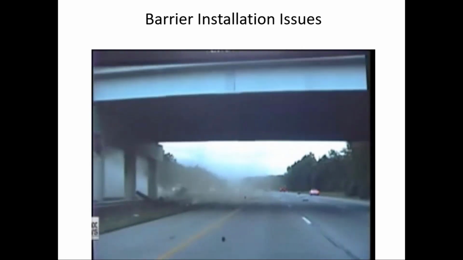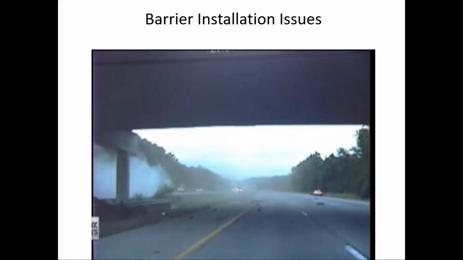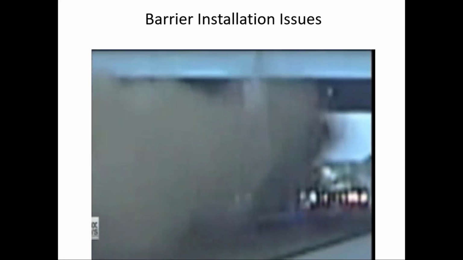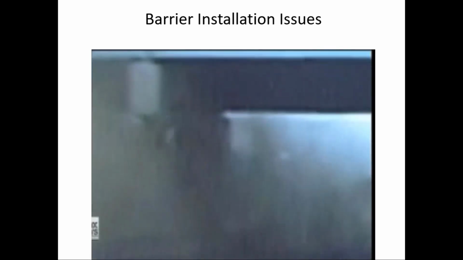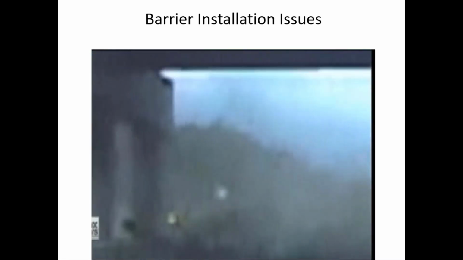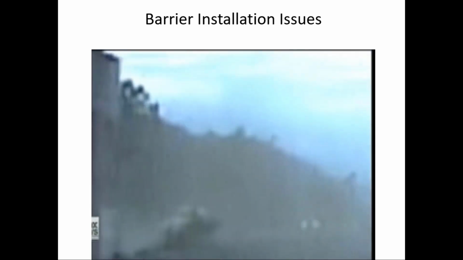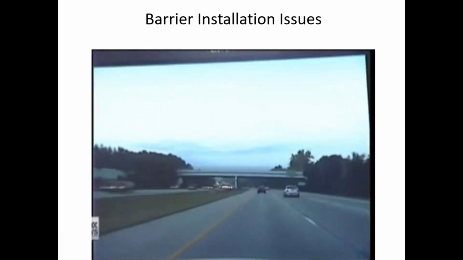Notice that arrangement where the rail came together created that V shape, literally launched the vehicle right into the bridge pier. So a very tragic situation there. That would be, in my opinion, certainly a fatal crash.